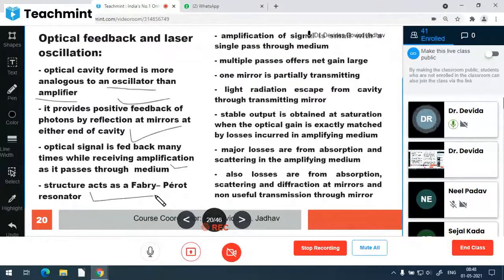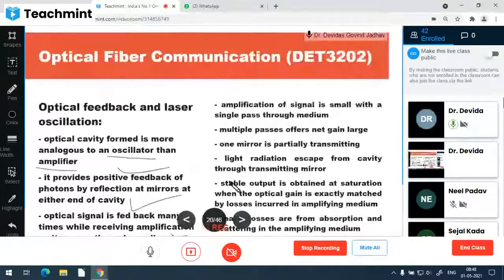This structure is the Fabry-Perot resonator. Oscillation takes place continuously for the photons, and while passing from one end to the other there is amplification many times. One photon makes two, two makes four, four makes eight, and so on.